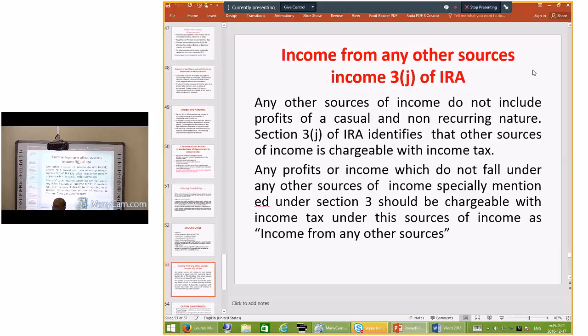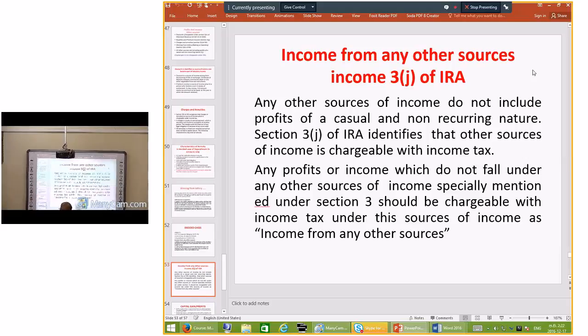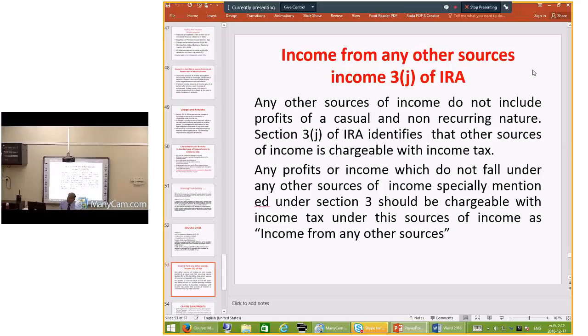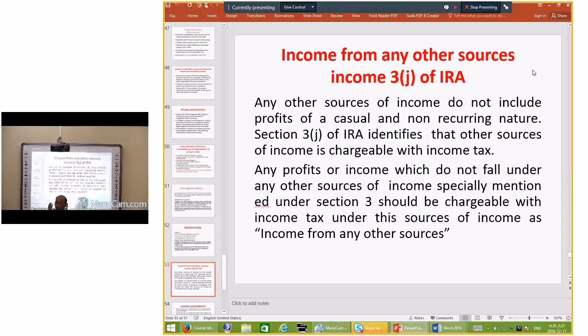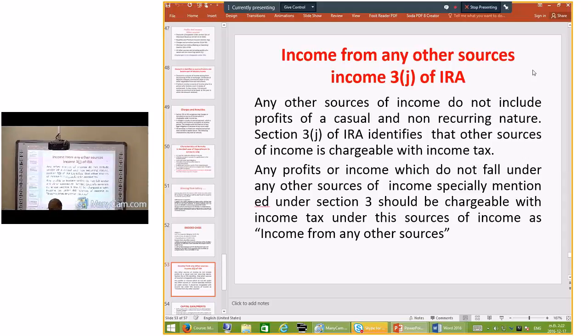That type of thing we can label as a gift, but it does not become income. According to the Inland Revenue Act, tax is charged on profit and income. Even income, if it is of a casual and non-recurring nature, is not subject to tax.